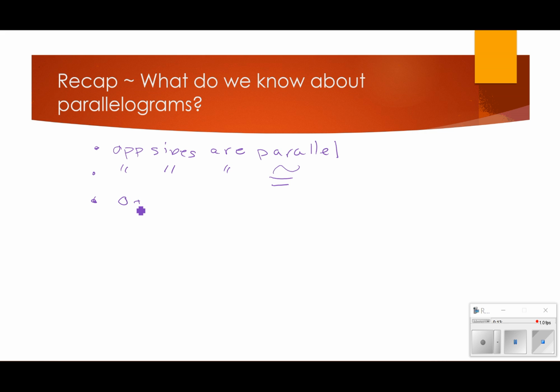We know that opposite angles are congruent, and we proved it both ways. And then we know that consecutive angles are supplementary or add up to 180.